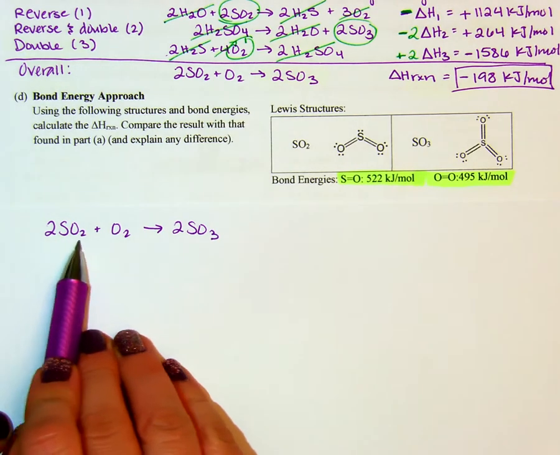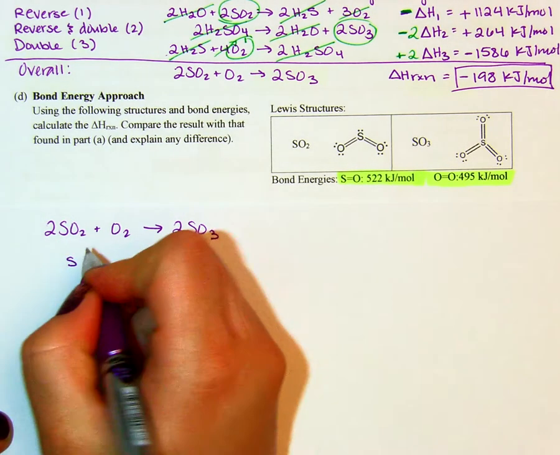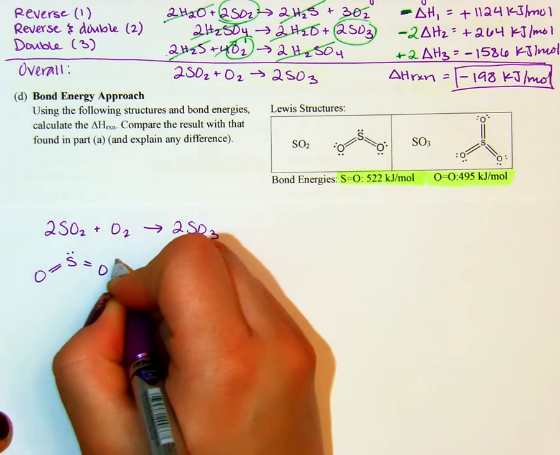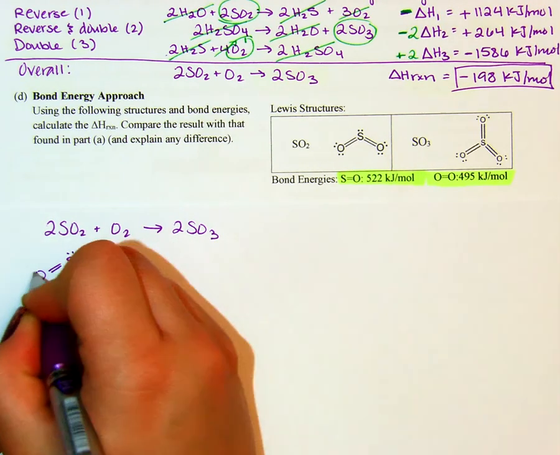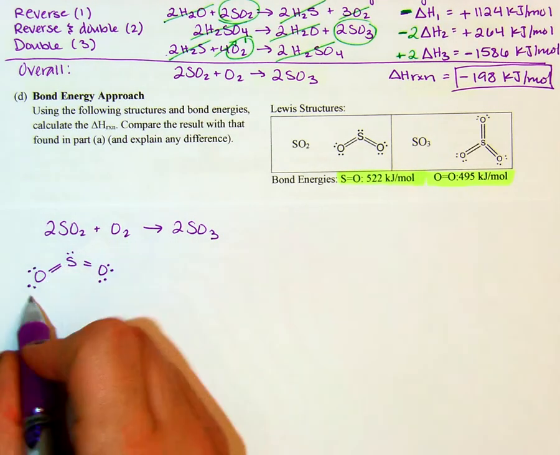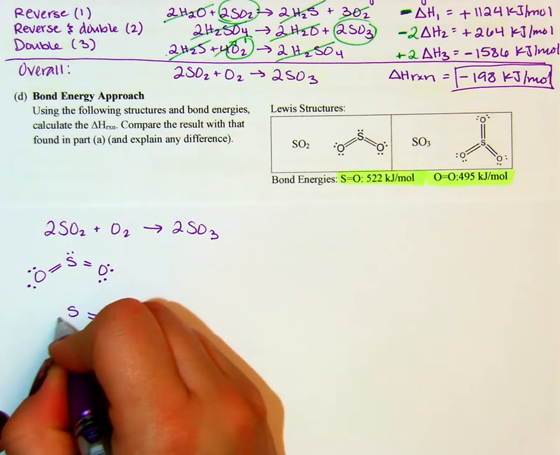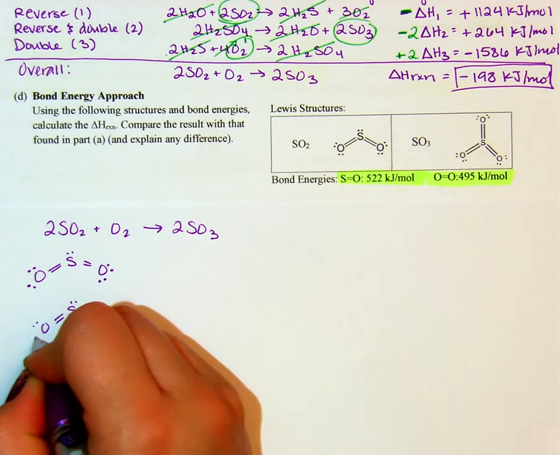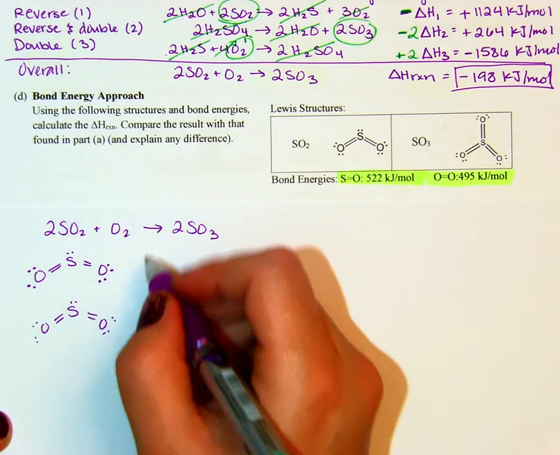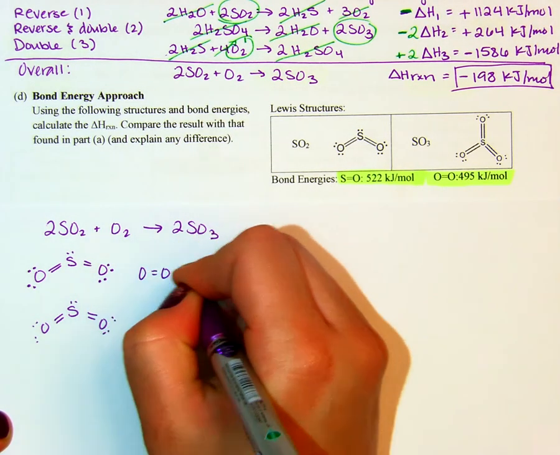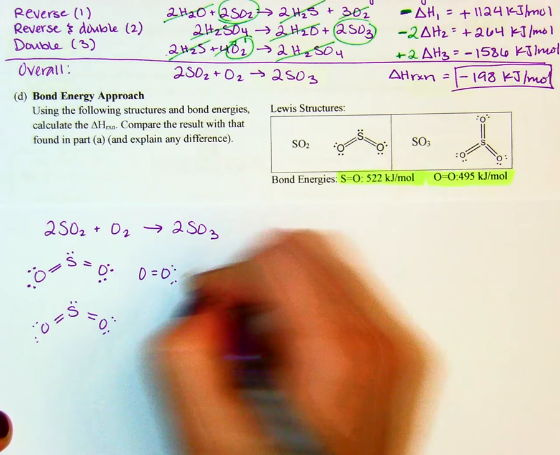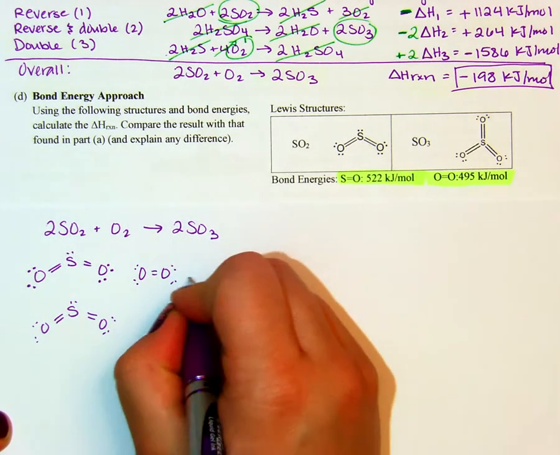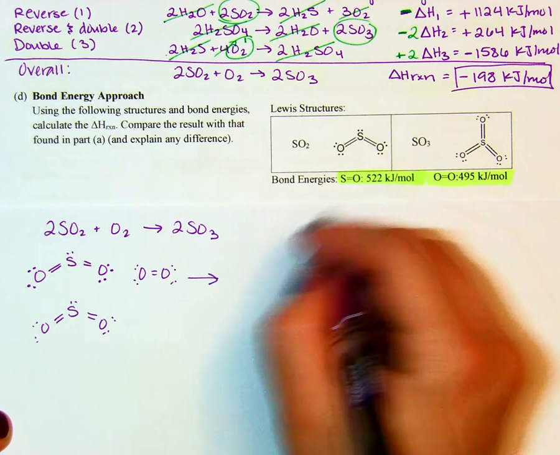We have 2 SO2 molecules, so I'm going to write both of them. Okay, so that's one of them. Here's the second one. All right, and then plus O2. Well, here's our O2 Lewis structure. This one's not given to you, but this one's pretty simple to figure out. And this is going to yield 2 SO3s, and SO3 is given to us there.